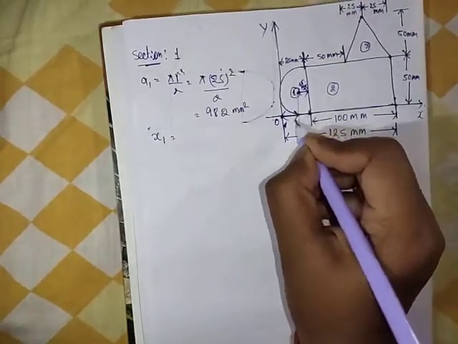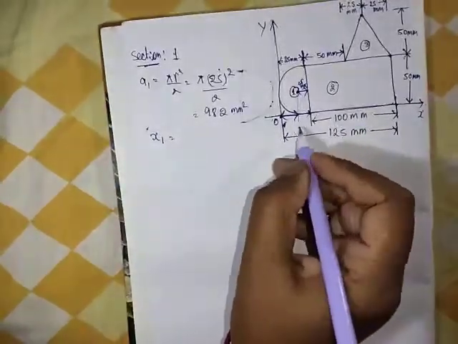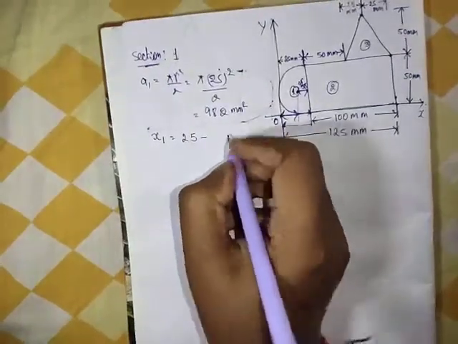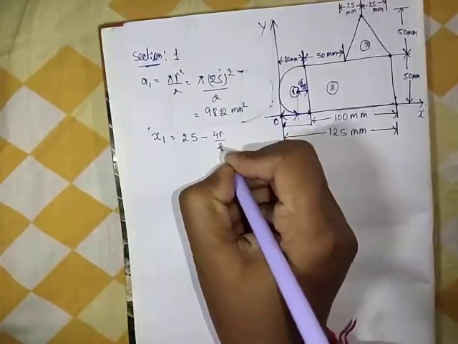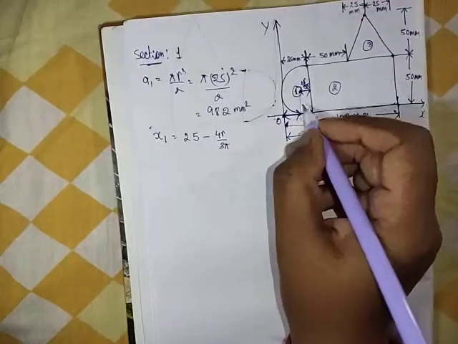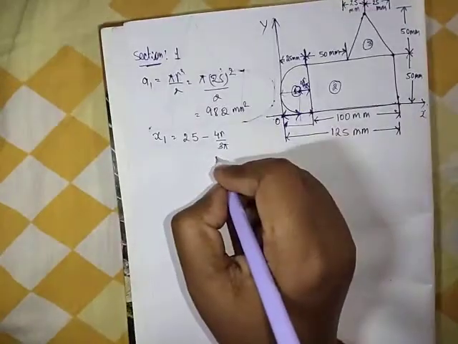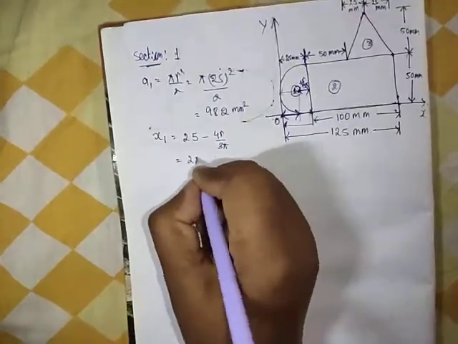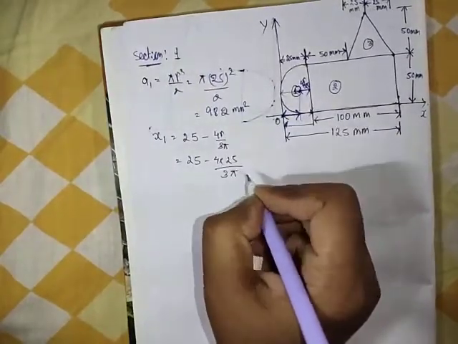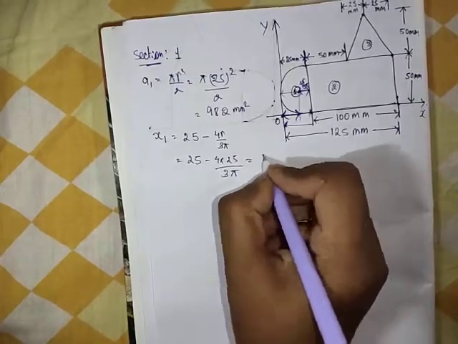How will you find x1? It is this total distance, that is 25 minus 4r by 3 pi. Since we are going in this way, we are measuring this distance as x1. So this becomes 25 minus 4 into 25 divided by 3 pi.